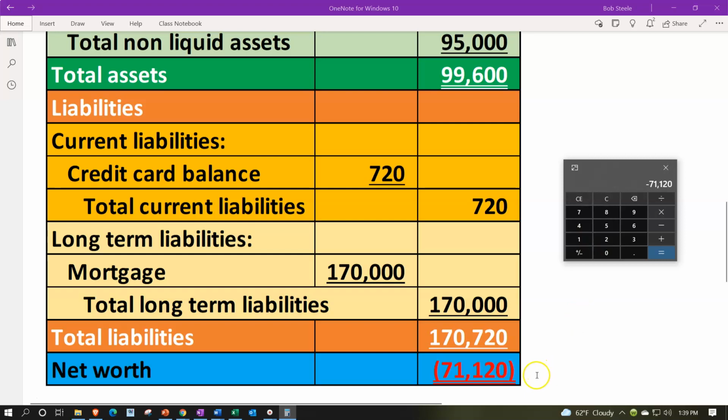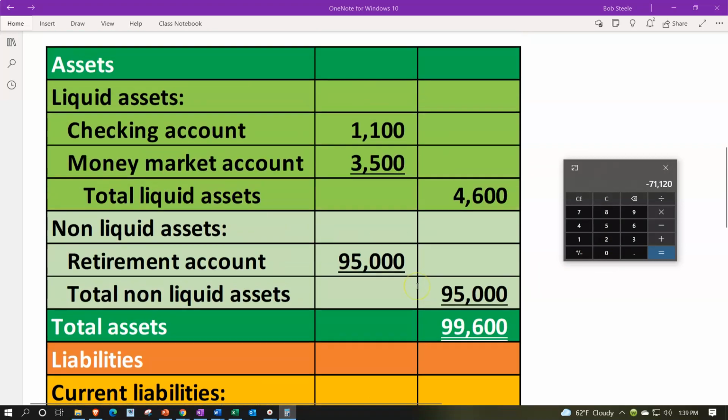Now note that 71,120 means I got like a negative net worth, which isn't exactly correct because I see here I have a mortgage, but I don't have anything up top for the home, which would be a personal asset. And that's actually fairly common to have something like this be the case if you're using software that's basically pulling the ending balances from your financial institutions.